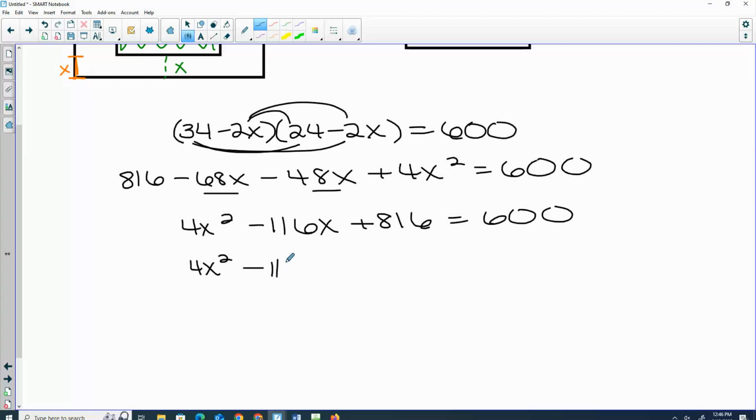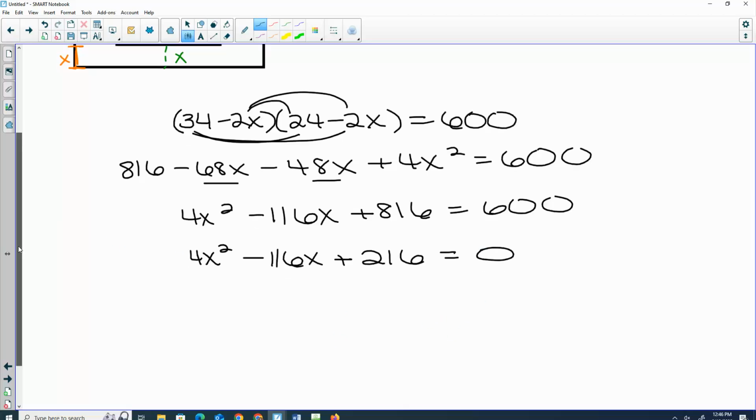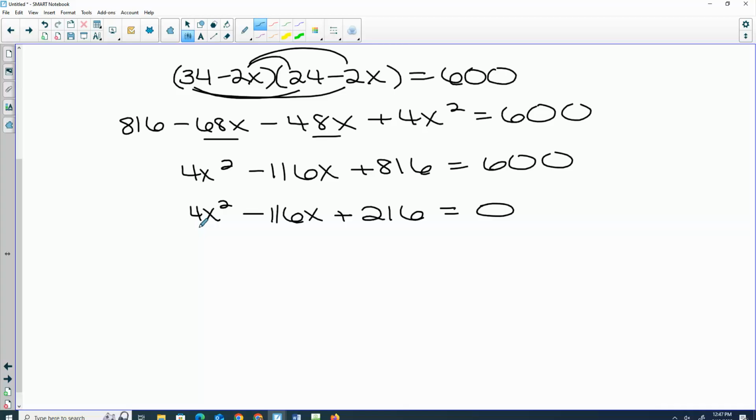Always has to be equal to 0. Alright, so I'm checking, do we have a greatest common factor? Can I divide them all by anything? 4. So if I want to, I could just divide both sides by 4.